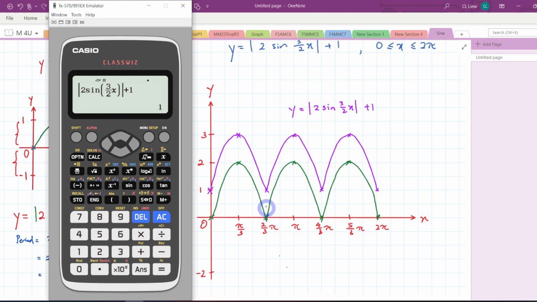Keep on adding 60. 180. Okay, correct. 240. Okay, correct. 300. Yes, correct. And the last one, 360.